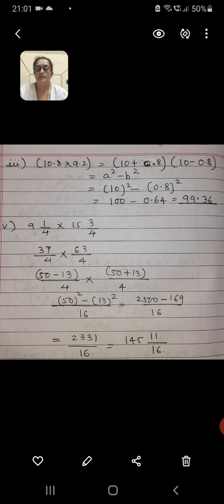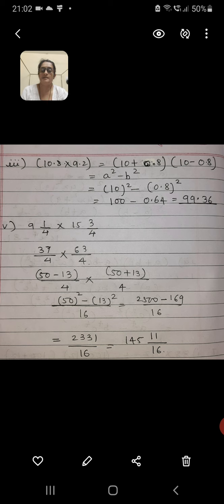We'll convert this mixed fraction into improper. That gives us 37 upon 4 and 63 upon 4. Now 4 is common, we'll keep that as it is. 37 is 50 minus 13 and 63 is 50 plus 13. So we are going to use the identity only for the numerator.